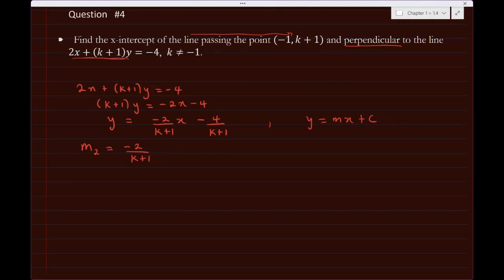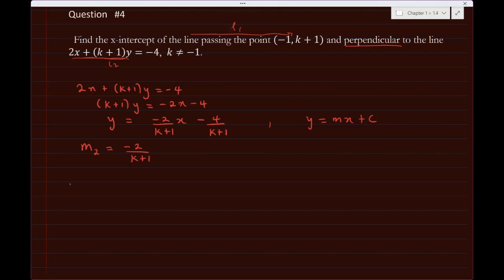Now let's say this is L1, and this is the line L2. So the slope of this line is going to be the negative reciprocal of this one.